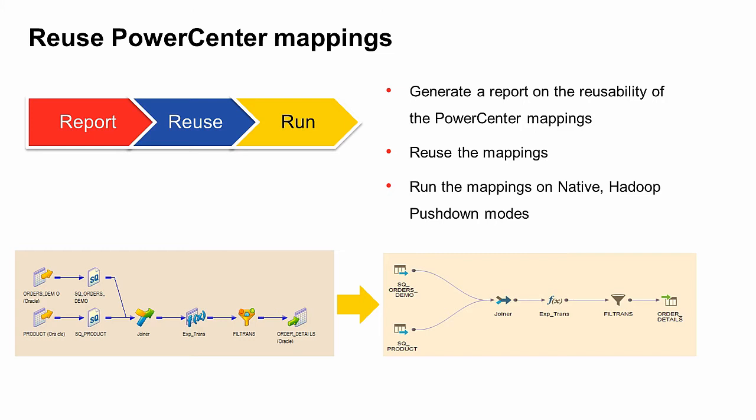Second, if it doesn't run on the Hadoop cluster, what changes do I need to make for that mapping to run on the cluster? The third is, this mapping is not going to run on the Hadoop cluster, and it requires me to reconfigure it or do something with the mapping to make it execute on the Hadoop platform.